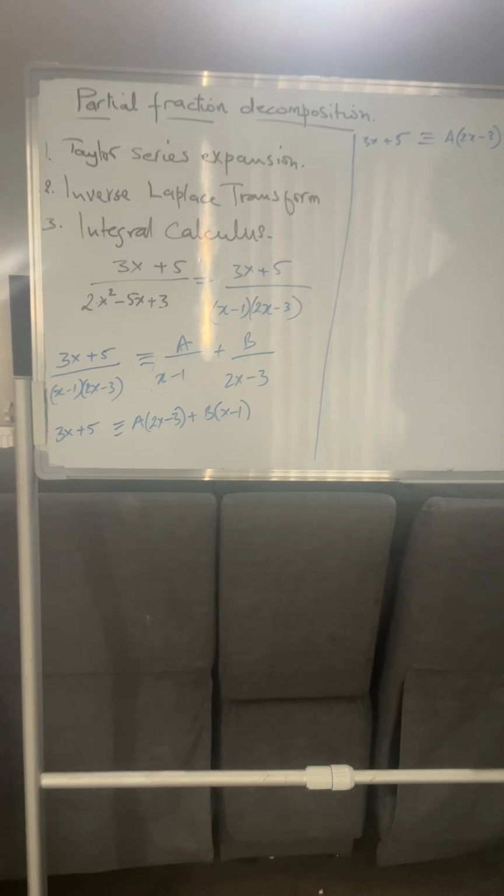Right. So with this method, we look at what we have in the brackets. Here you have 2x minus 3. Say you want to eliminate a. In your mind, I want to get rid of a so that I will only be left with b.